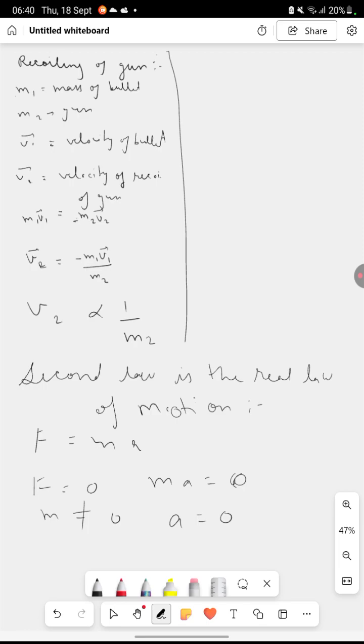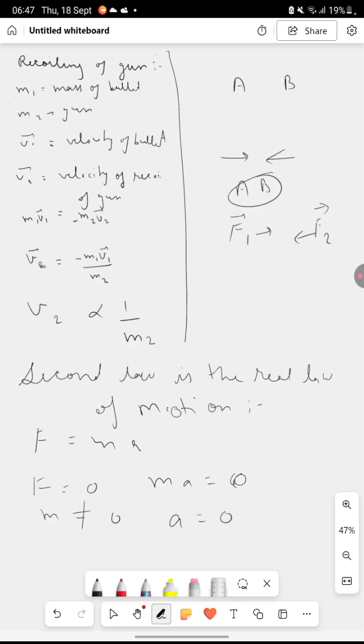Let's consider an isolated system of two bodies, A and B. If they collide with each other, let A exert a force on B, that is F1, and B exert a force on A, that is F2.